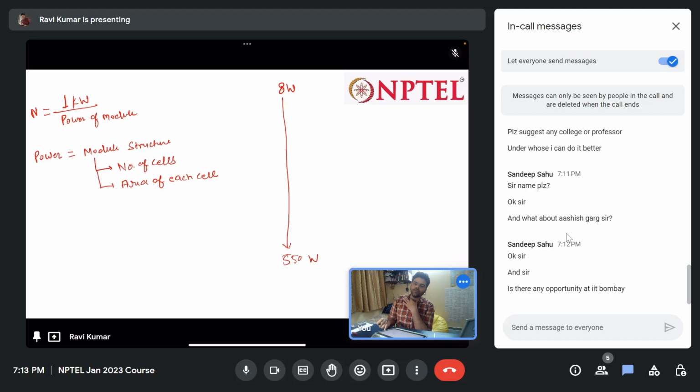Is there any opportunity at IIT Bombay? In our lab, my professor is not having any internship opportunity, but in other labs, I can look into it. You just do one thing, send me an email. I'll revert on that.